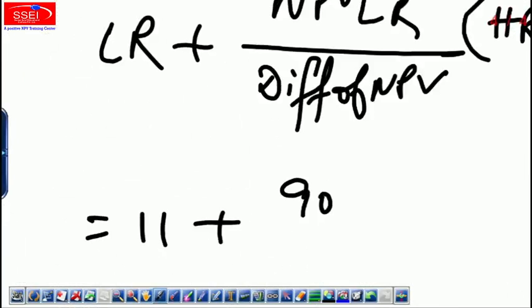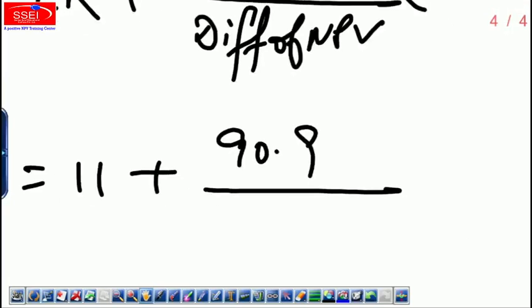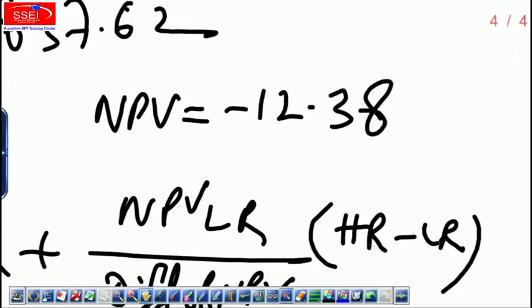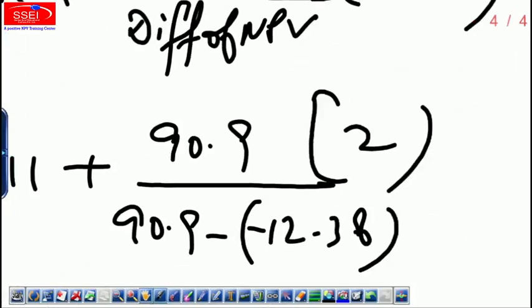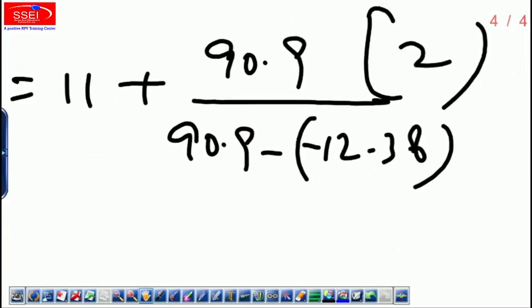So 11 plus 90.9 divided by 90.9 minus of minus, that means plus 12.38, into the higher rate minus lower rate, which is 2. So 2 into 90.9 is the numerator. In the denominator we have 90.9 plus 12.38. You divide the same and add 11. So the answer is coming to 12.76% approx.